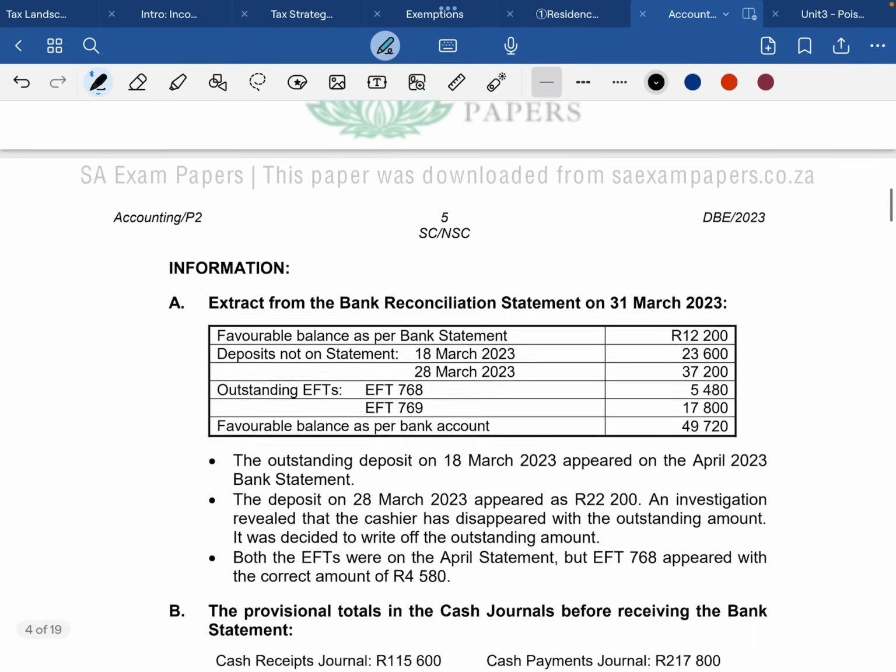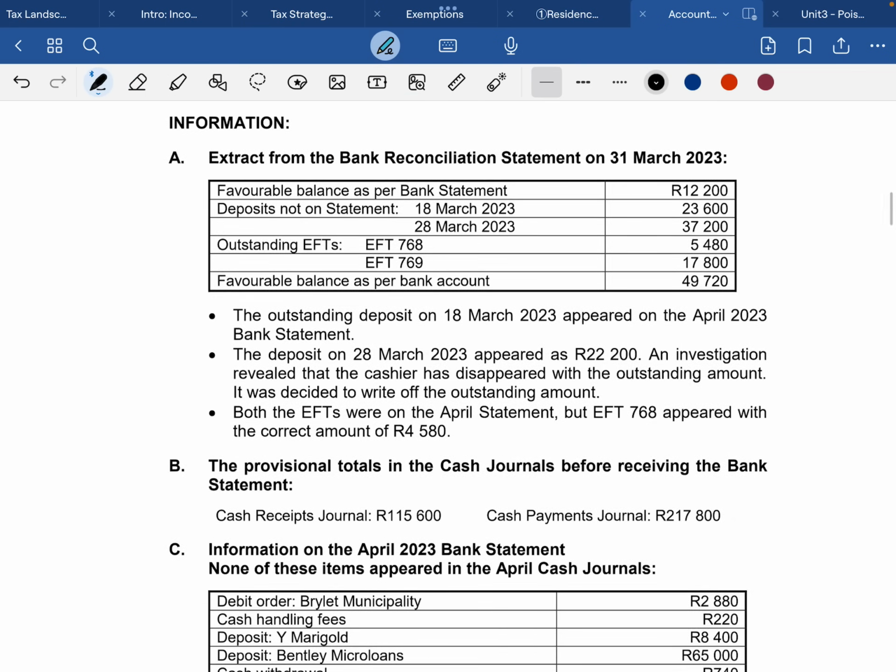Right. Information A, we have an extract from the bank reconciliation statement on 31 March 2023. What you need to understand is that on March, we made a bank reconciliation statement regarding the March's bank statement. So in this bank reconciliation statement that was prepared on 31 March 2023, we were just telling the bank to fix their errors.